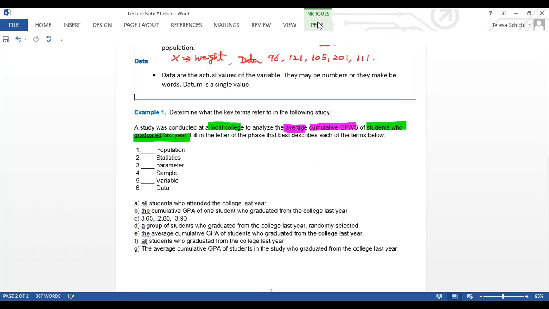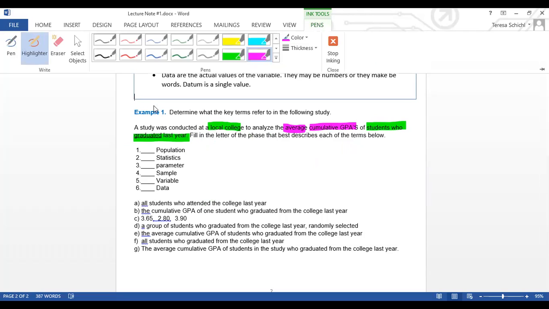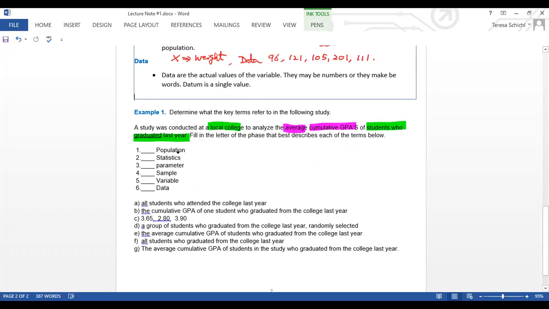Okay, now let's take a look. We have these possible choices here, right? What is my population here? The population is the group you want to study. You read this problem, and they say a study was conducted at a local college of the students who graduated.